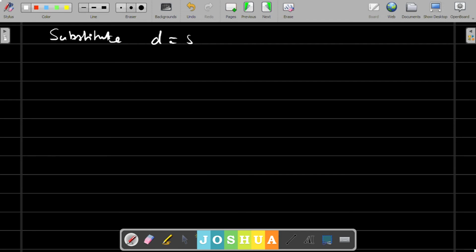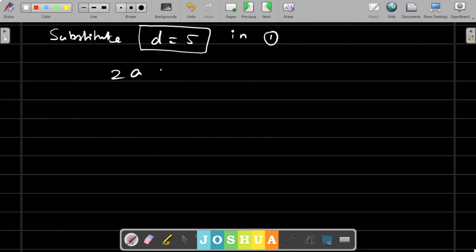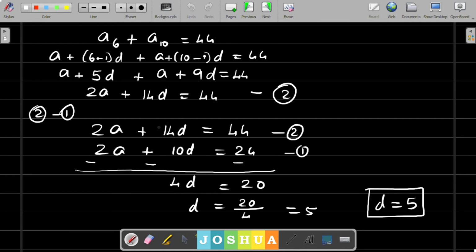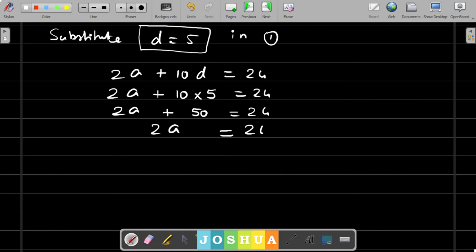So now substitute here: 2a plus 10 times 5, that is equal to 24, or 2a plus 50 is equal to 24.